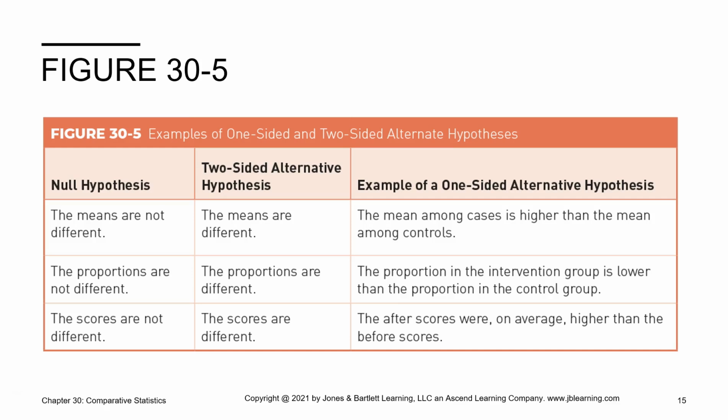Figure 35 goes over some differences in the one-sided and two-sided alternative hypotheses. For example, if the null hypothesis states the means are not different, then your two-sided alternative hypothesis is that the means are different. But your one-sided alternative hypothesis would be that the mean among cases is higher than the mean among controls.